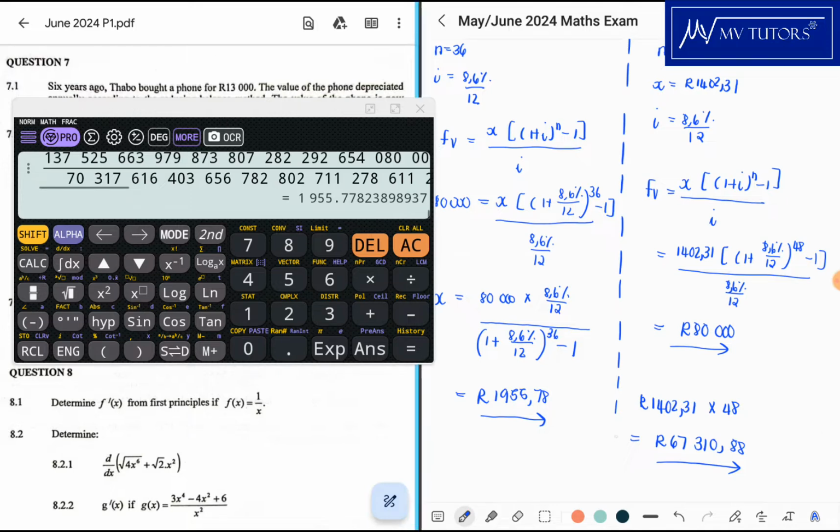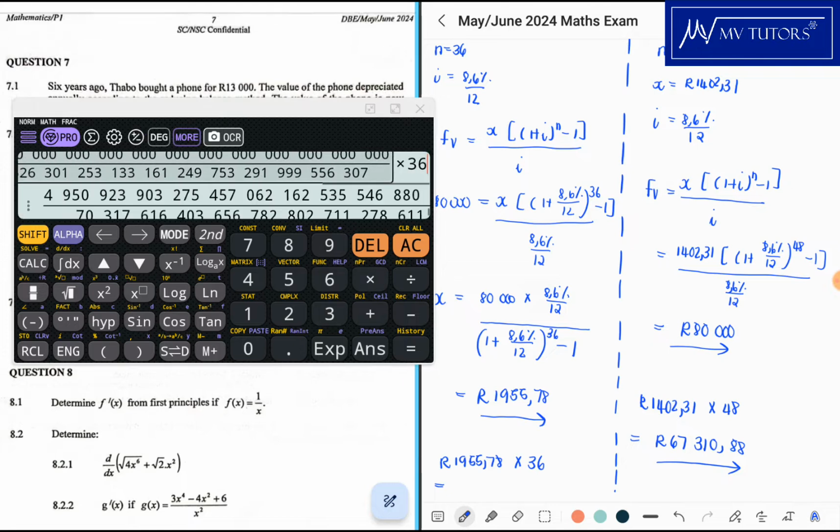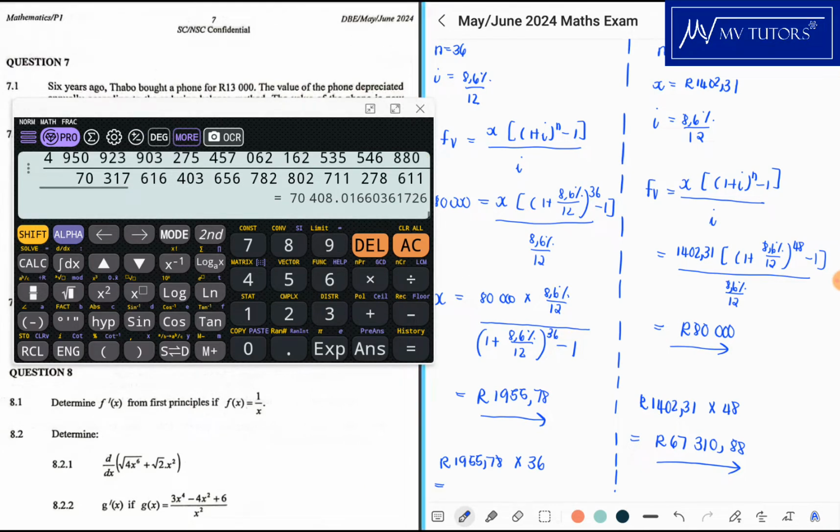But what is the money that she paid overall in that 36 months? So I have 1,955.78 multiplied by 36. And so she paid more overall. So 70,408 Rand and 2 cents.